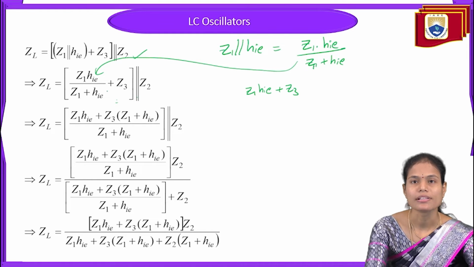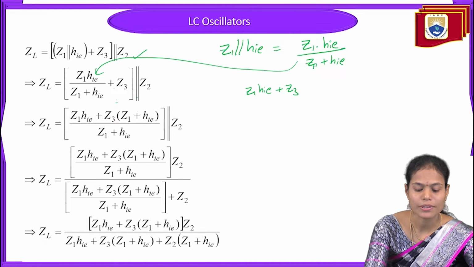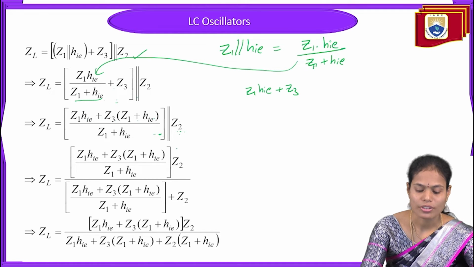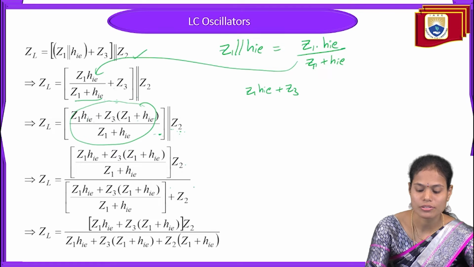So take the LCM here, that is Z1 hie plus Z3 into Z1 plus hie divided by Z1 plus hie, parallel with Z2. Again these two are in parallel now. So we write it as this total term into Z2 divided by this total term plus Z2.